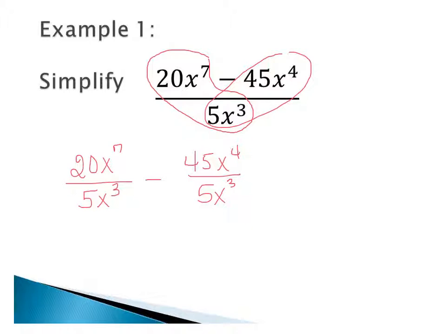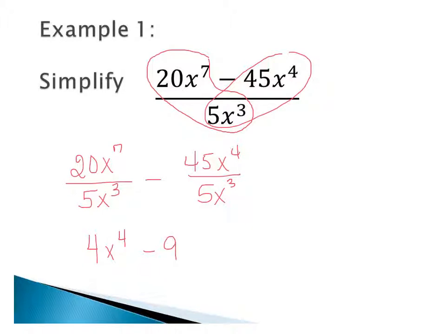Now we simplify these two fractions using all the rules we've learned in previous sections. With the first term, 20 divided by 5 is 4, and then x to the 7th divided by x to the 3rd gives us, when we subtract the powers, x to the 4th. So altogether there we get 4x to the 4th. Bring down subtraction. In that second term, 45 divided by 5 is 9.